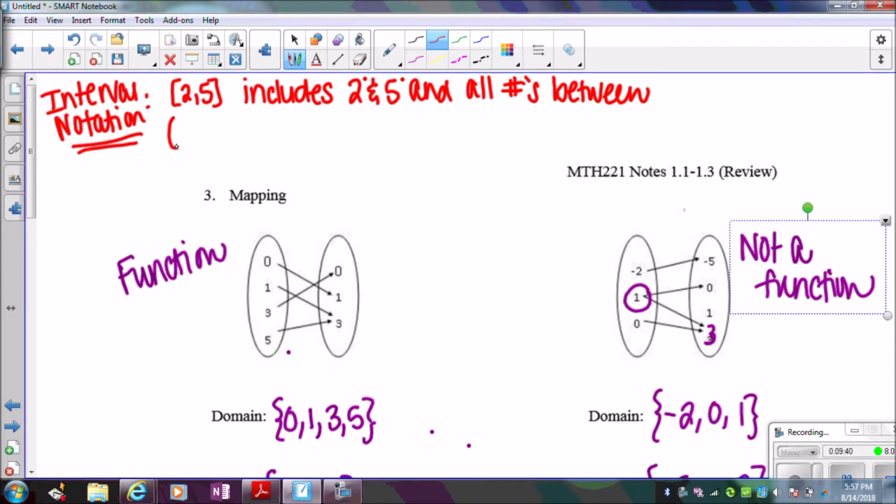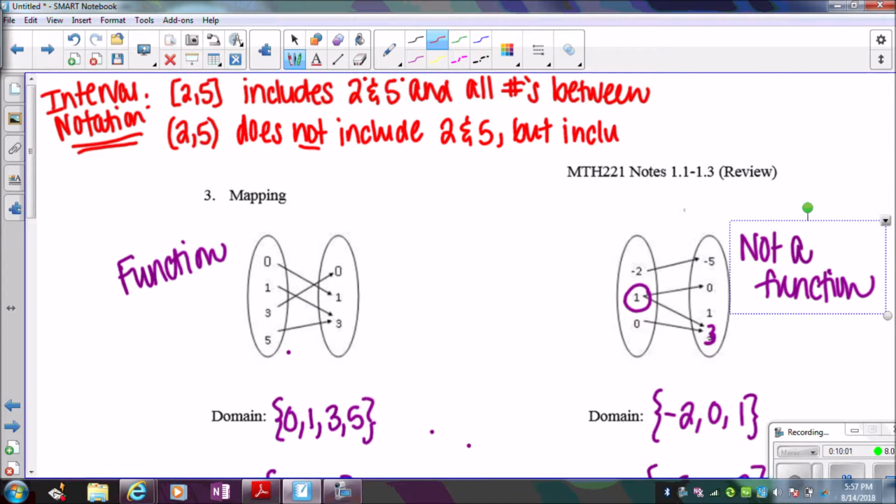Versus if I write it like this, 2, 5 with parentheses, this does not include 2 and 5. But it does include all numbers between.